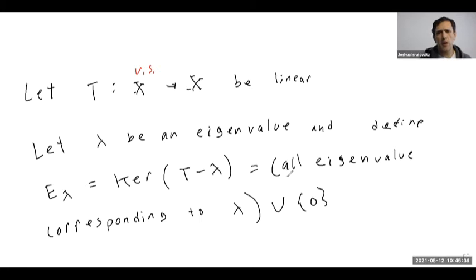So it's basically all eigenvectors, not eigenvalues, all eigenvectors union 0. And the point here is very simply, we basically want a vector space that encapsulates all eigenvectors. Well, we always have to have 0 if we're going to deal with a vector space.